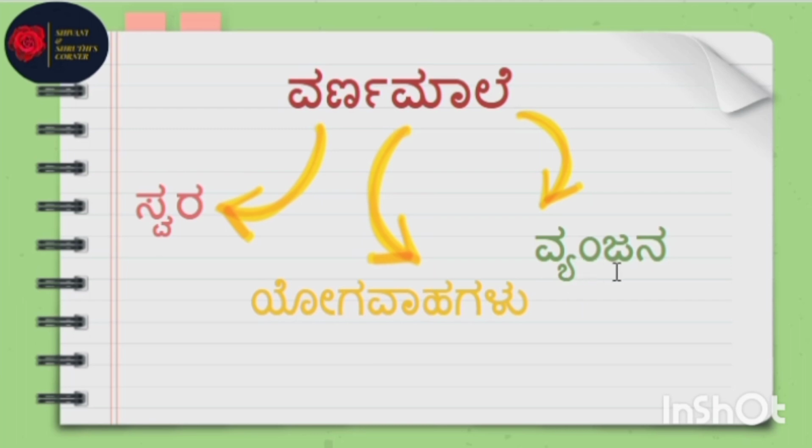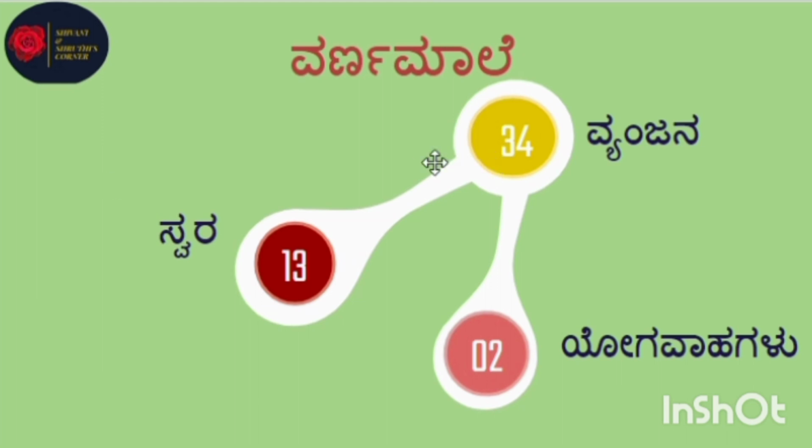So Vyanjanagalu, they also cannot be pronounced independently. Only difference is that they take only the help of Swaragalu to be pronounced. So this is the division. There are 13 Swaras, 34 Vyanjanagalu and 2 Yoga Vahagalu. So overall they sum up to 49.